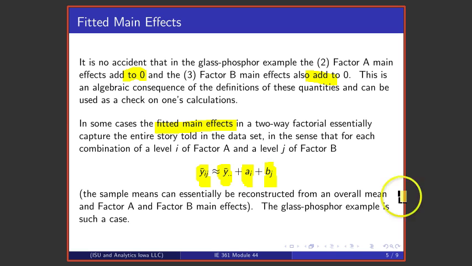That is, in this particular case, the phosphor response in row i, column j, is approximately the grand average plus the A main effect plus the B main effect, the glass main effect plus the phosphor main effect. The glass phosphor example is in fact one of these cases where there's this approximate equality.